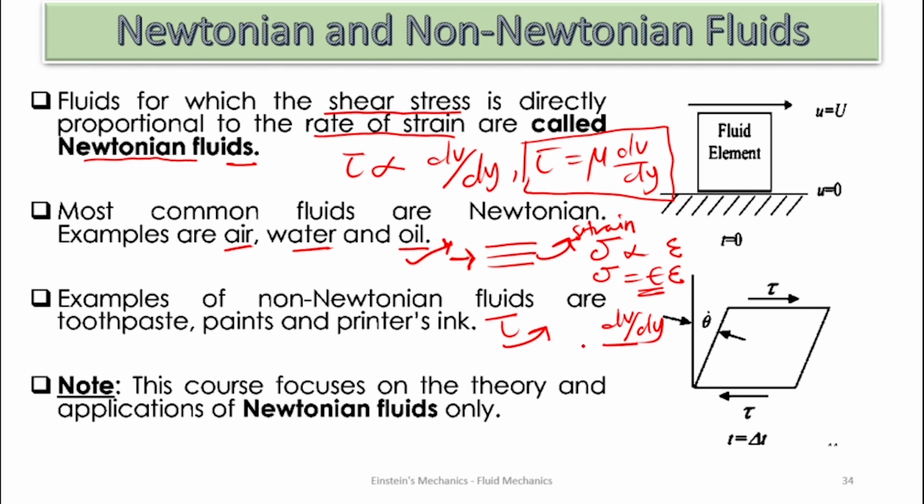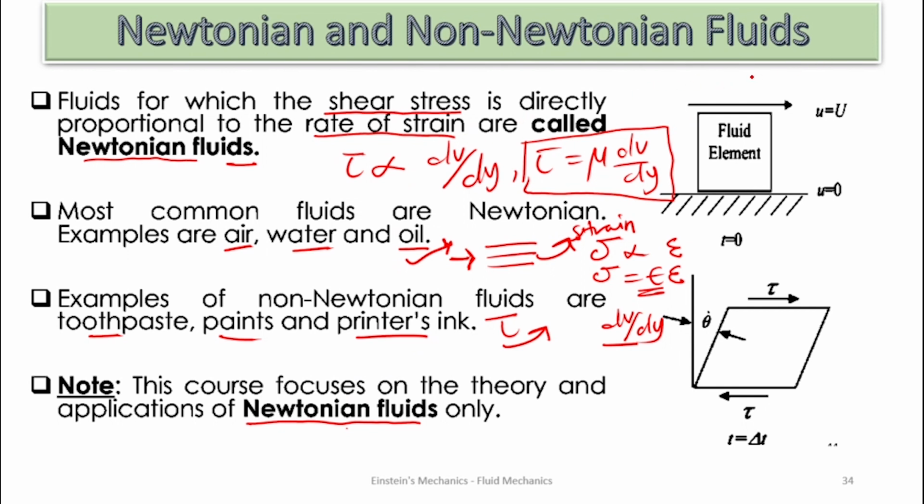Those are called non-Newtonian fluids. Examples are toothpaste, paint, and printer's ink. Those fluids are not Newtonian. Throughout our studies, we are going to focus on Newtonian fluids. Throughout our calculations and analysis in fluid mechanics, everything in this course will be a Newtonian fluid.